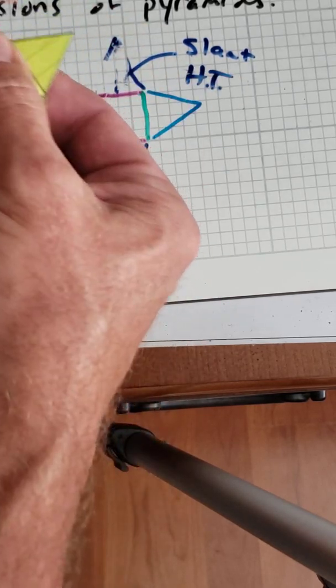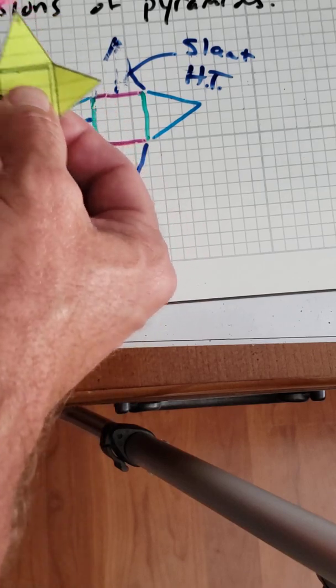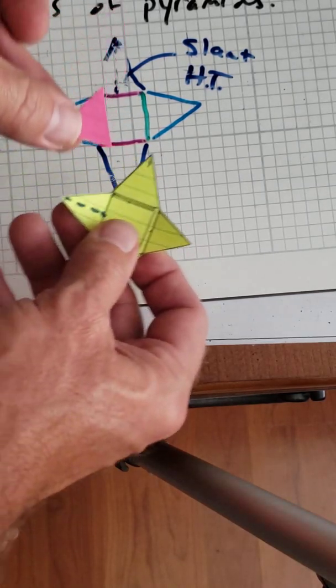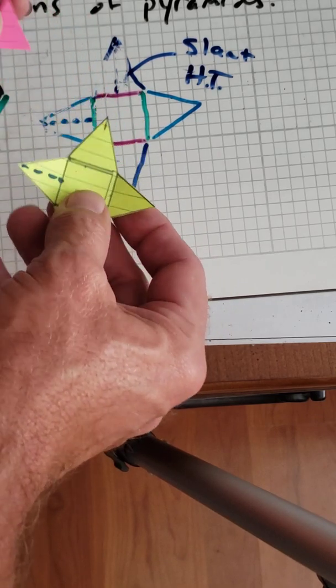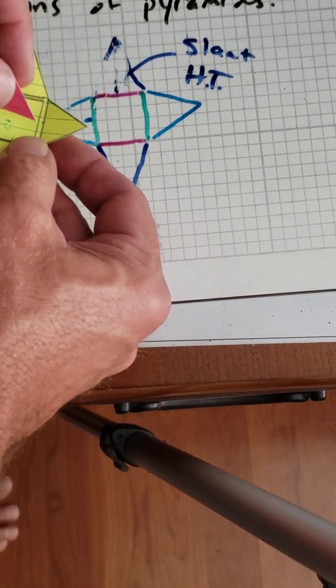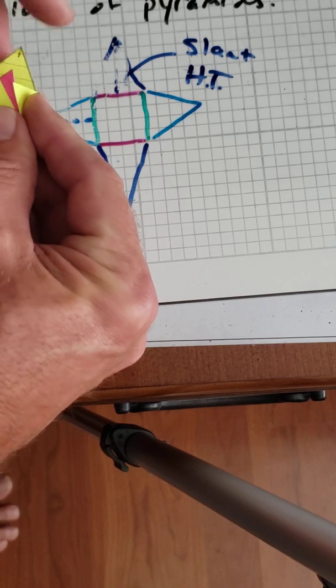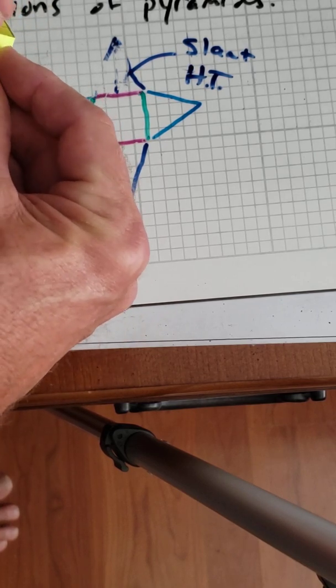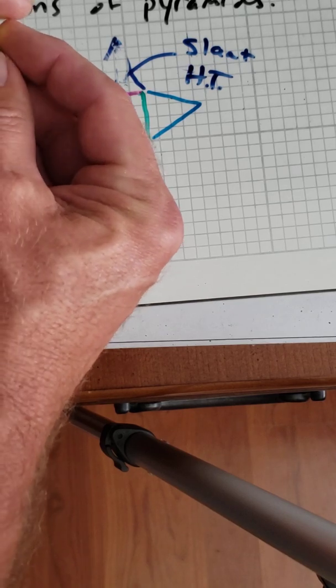Yeah, there we go. Okay, so it's the same exact size, all right? So these 2 triangles, this yellow one and this pink one, are the exact same size. So what I'm going to do is take this triangle and put it on the inside of the pyramid. And then I'm going to close the pyramid up.